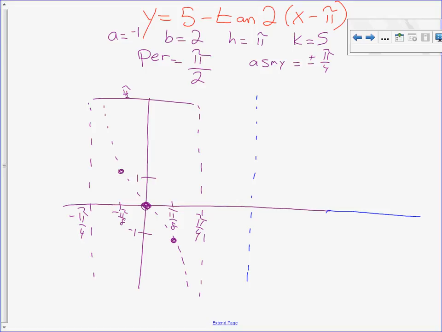The distance between 3/4 and 5/4 is still a half, so the distance between 3 pi over 4 and 5 pi over 4 is still pi over 2. All I did is mess with the fractions. My new middle is at pi.